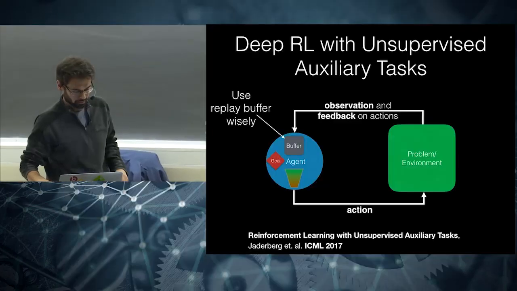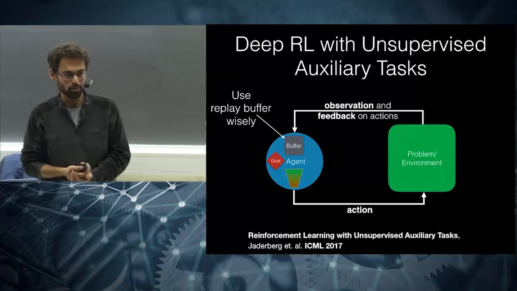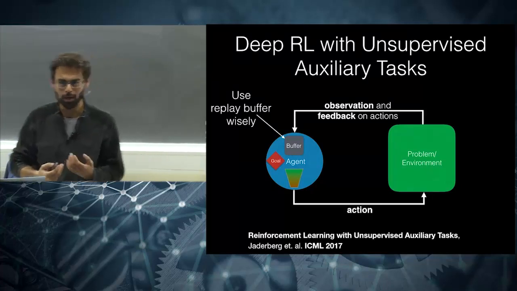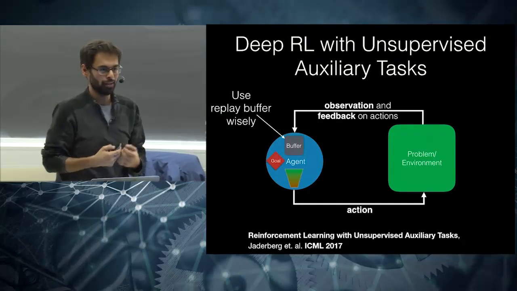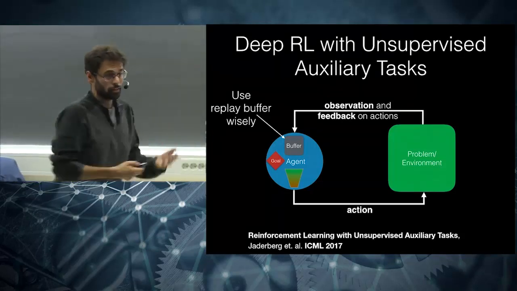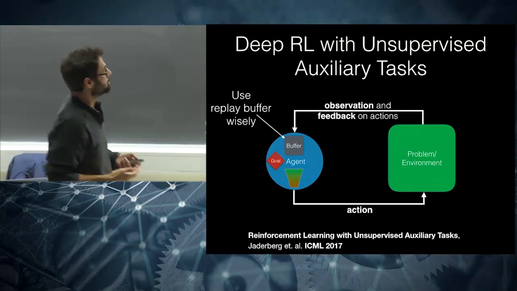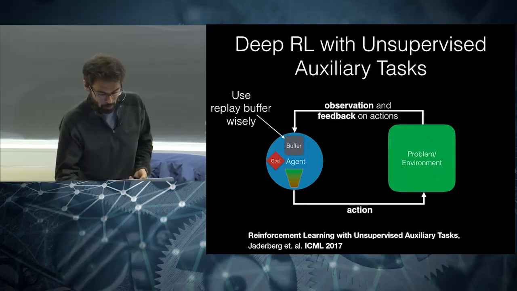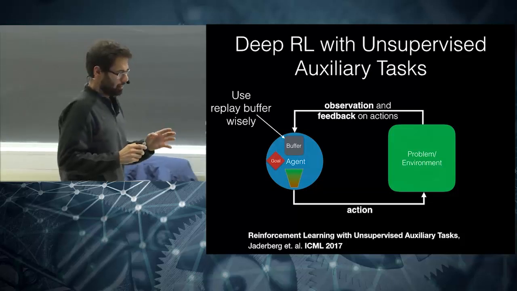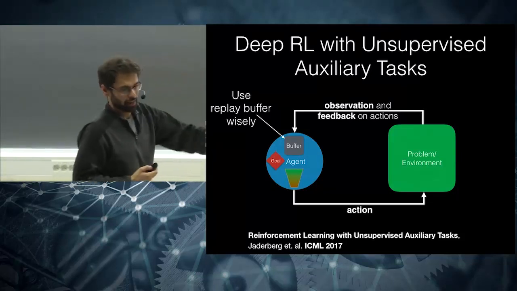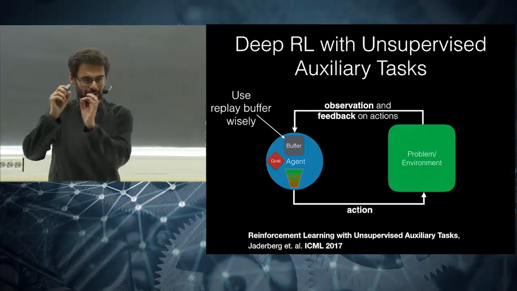So here the idea, in this case, is to give the agent some auxiliary tasks to perhaps learn a better representation for the deep network, which will help it behave well in the actual task. And the way this is done is to use the replay buffer more intelligently. So the key idea is that this agent that is interacting in a game or in the wild or wherever, there's a lot of signal out there apart from the actual extrinsic reward.